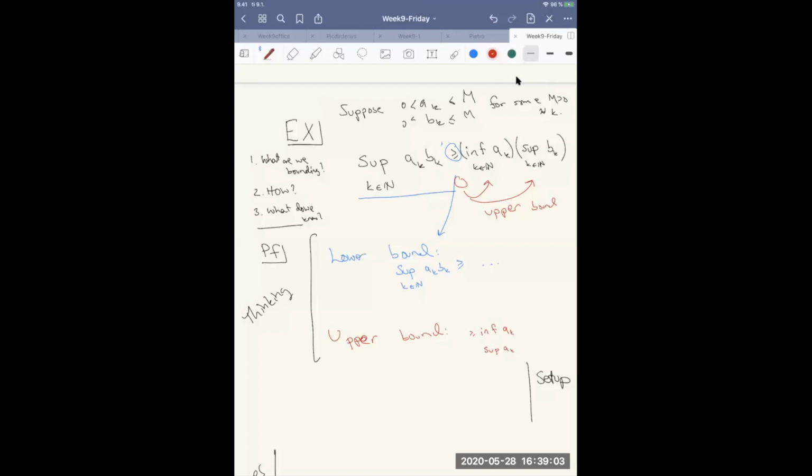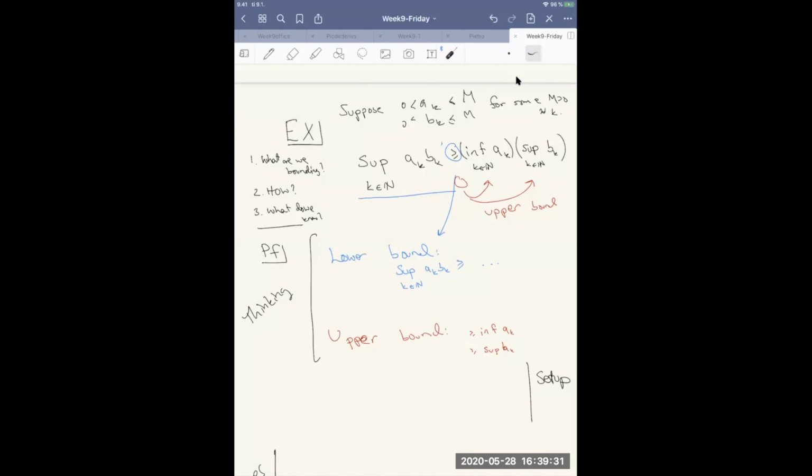We're really bounding the supremum of b_k from above and the infimum of a_k from above. So in this estimate, we will need to touch upon a lower bound for a supremum and upper bounds for the infimum and supremum.